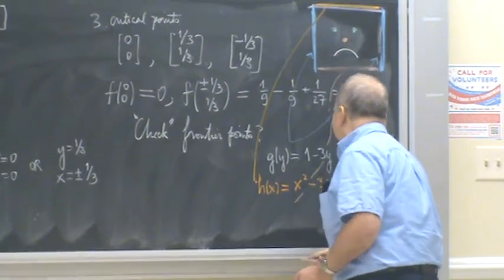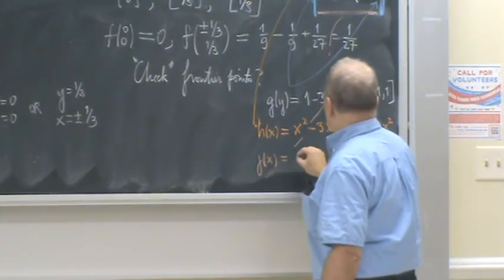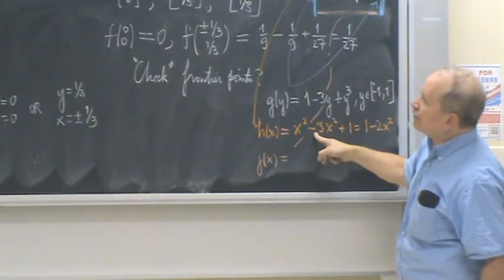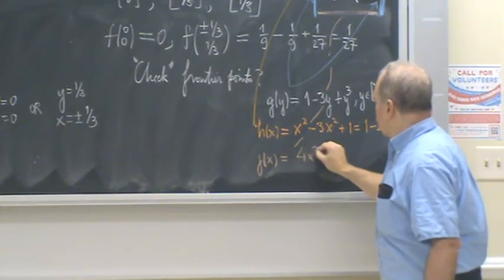On the bottom piece, I would have a function of x, which is 4x squared minus 1. That becomes a plus, right? Right, exactly. And that's a minus. So it's 4x squared minus 1.